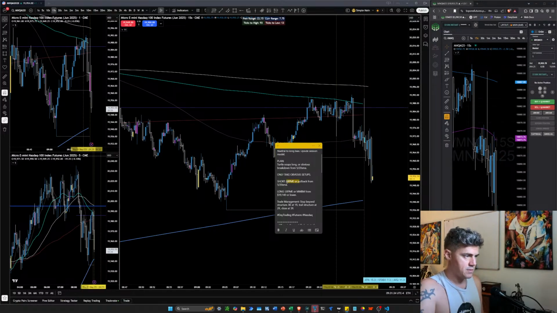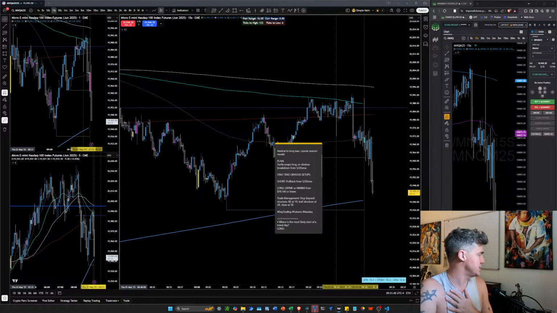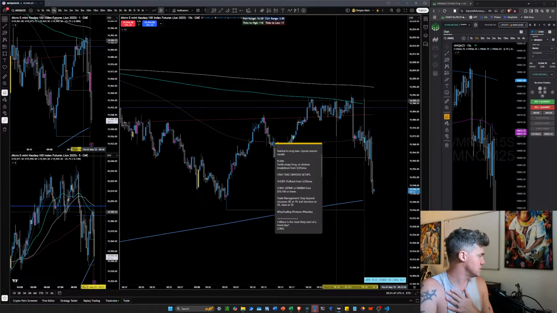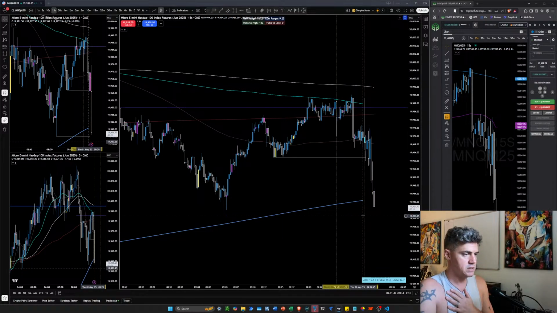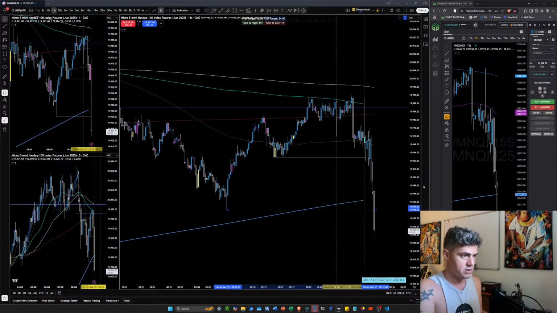Short pullback from SMA, that's the one that I just called. Could possibly get another outside day. Yesterday was an expansion session. Currently we're inside of London's range. This counts as a turtle soup and we're near the 200.